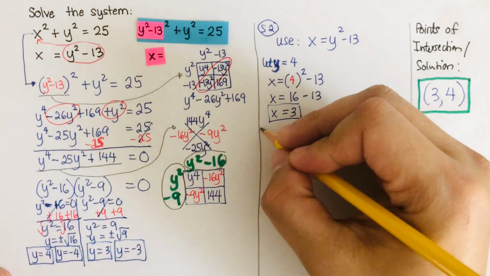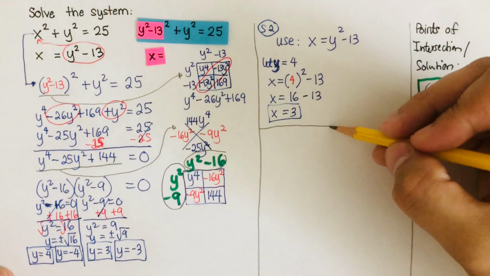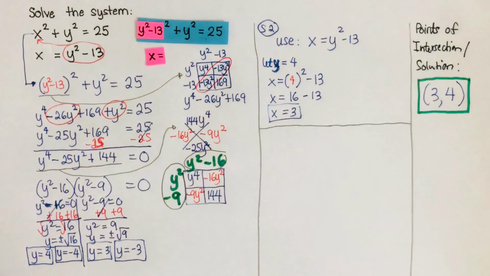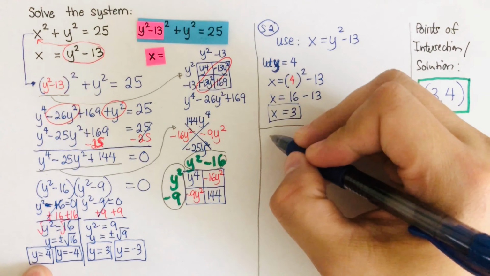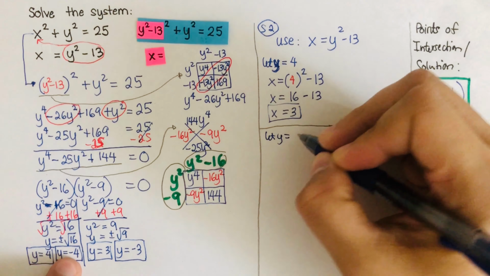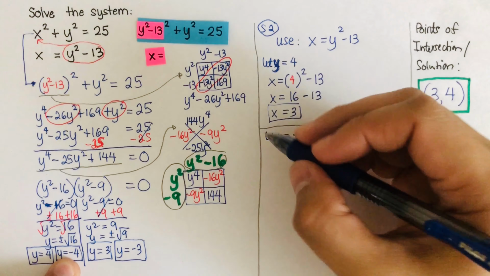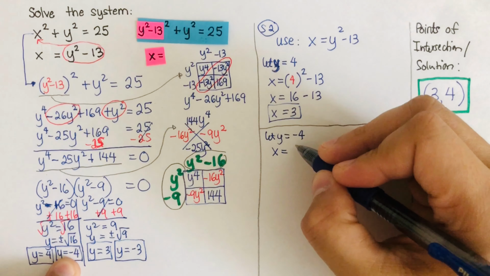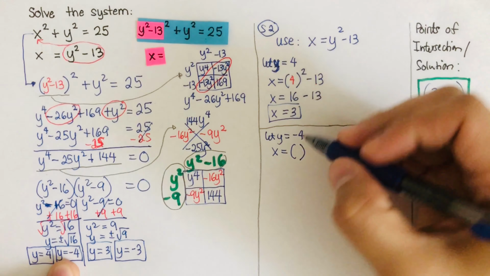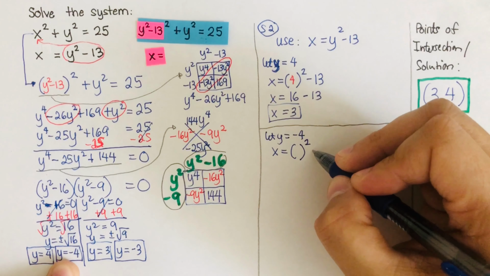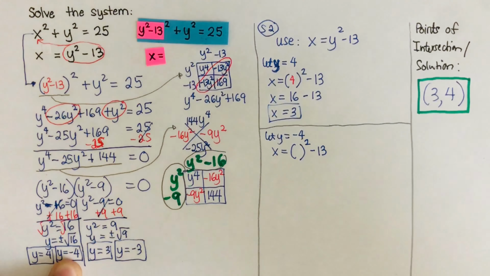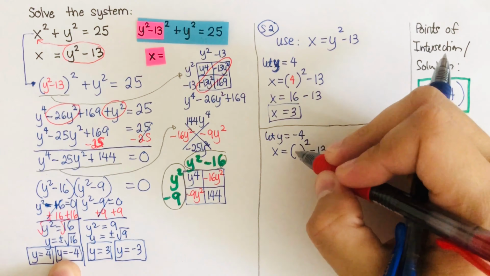Now let's find the other points of intersection here. We're already done with y equals 4. So then we go ahead and say let y is equal to negative 4. So then I do exactly the same thing. I use that equation right there. X is equal to, changed into parentheses before we plug in values, squared minus 13. Again, that is a negative 4 for the y.